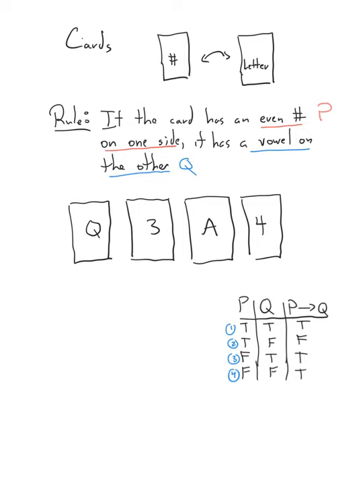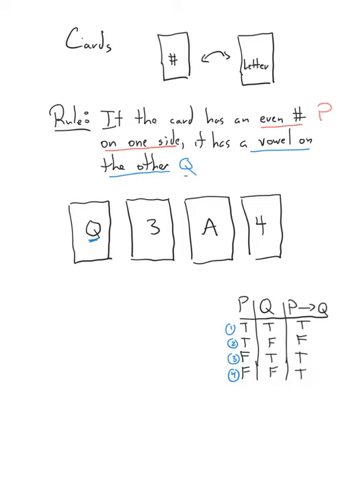Okay, now that we're back, let's do the same idea that we did in the previous video. Let's look at each card and determine what rows it could be in. Well, here's a Q. A Q is not a vowel, it's a consonant. So here, the then part, which I also called Q. So this Q is just a letter. This Q is the then part.